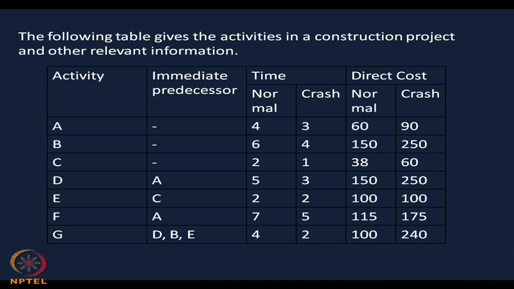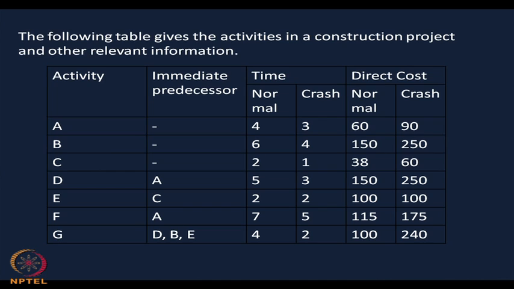We are told that the following table gives the activities in a construction project and other relevant information. Here we have given the normal time for completion of one activity, and the crash time, that is, if I give extra incentive, what the time should be.